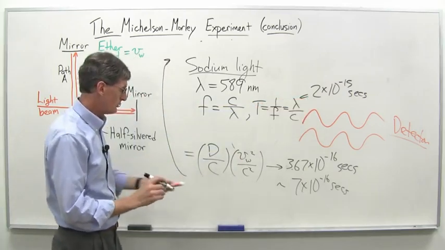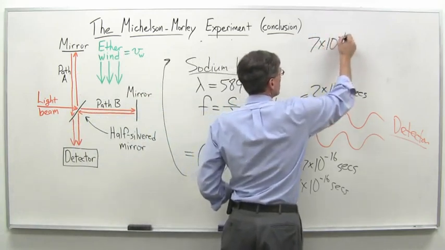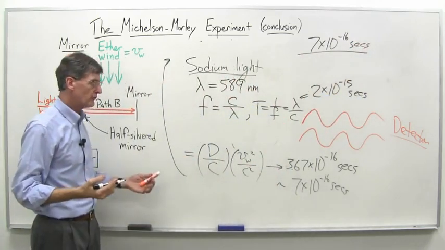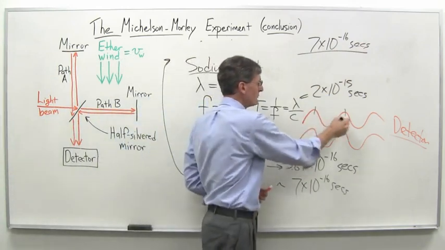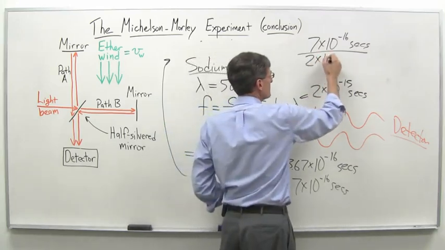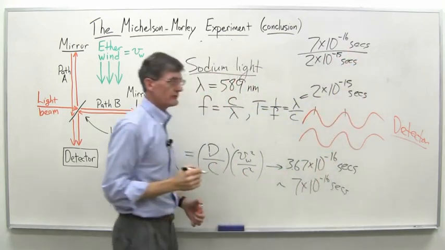In other words, if you say, okay, I've got my time difference of 7 times 10 to the minus 16th seconds, very small, but in terms of the one period, the time between two peaks, let's divide it by that, 2 times 10 to the minus 15th seconds.